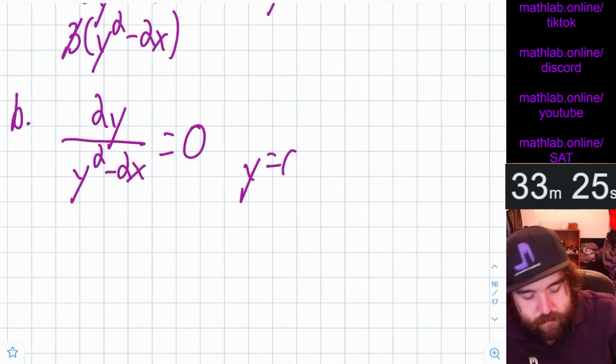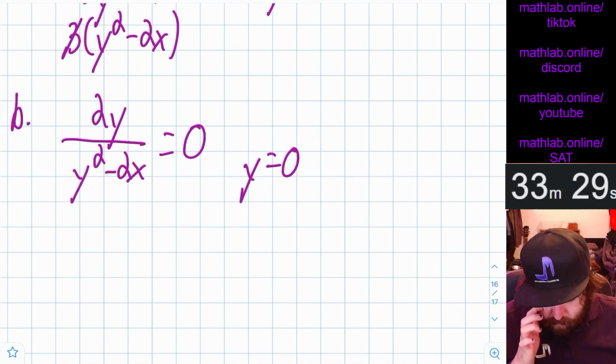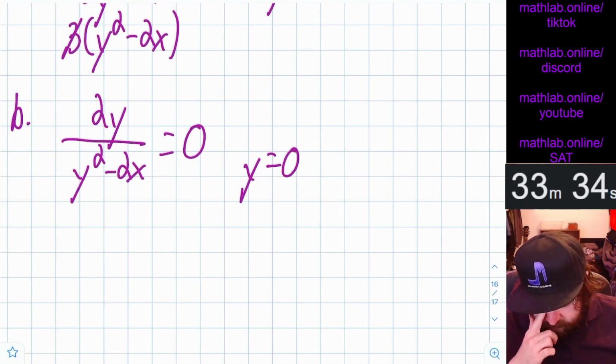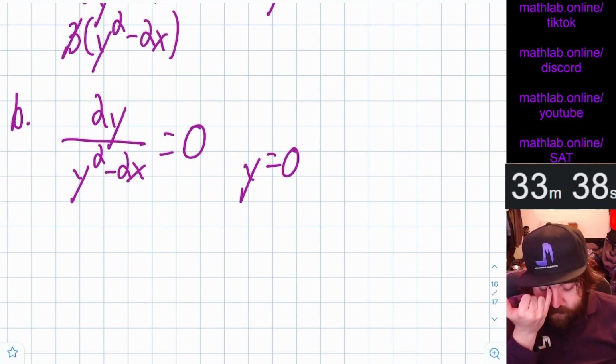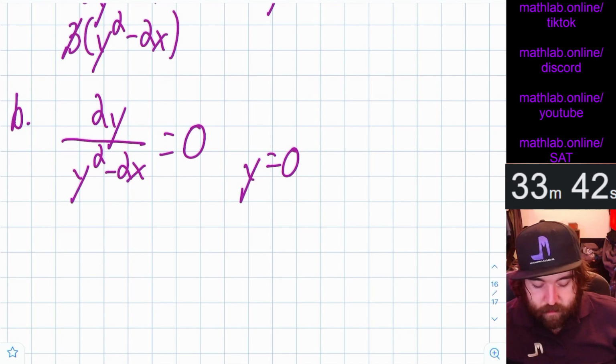Well, when y equals 0. So when y equals 0, what does x equal? Anything. Is that an asymptote at y equals 0 then, or is that just like a horizontal line?